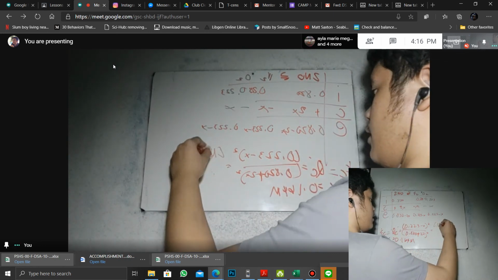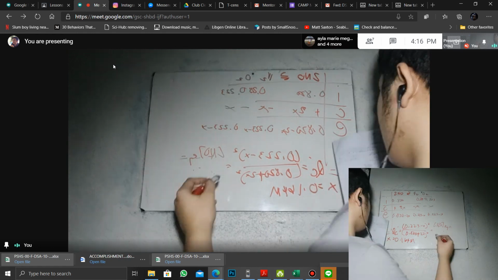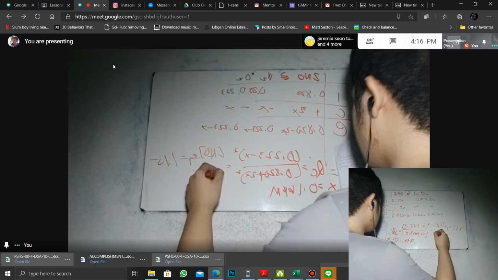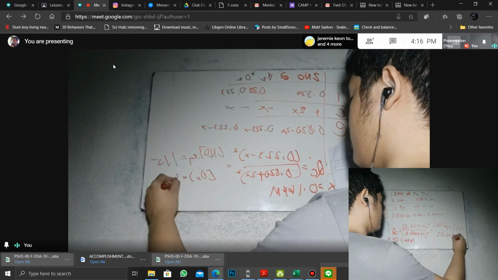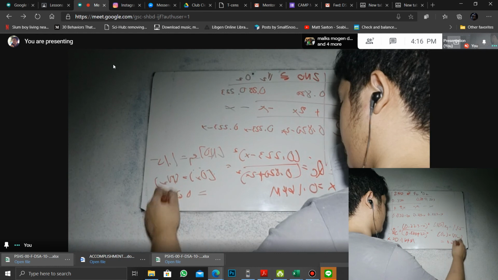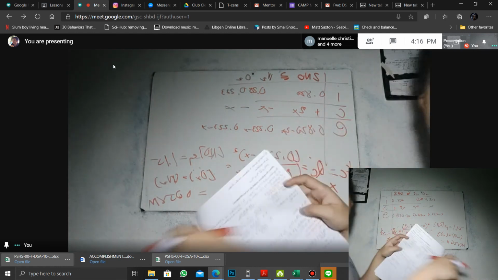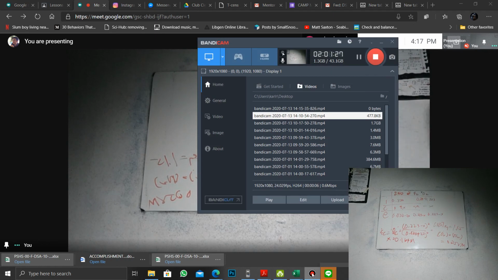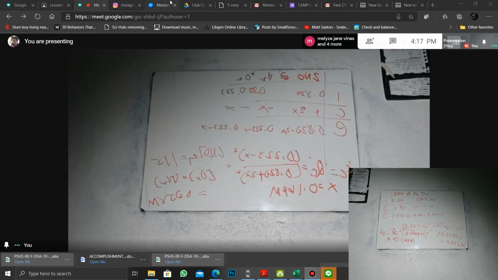NO at equilibrium equals 1.15. O2 and N2 equal 0.058. Ayan.